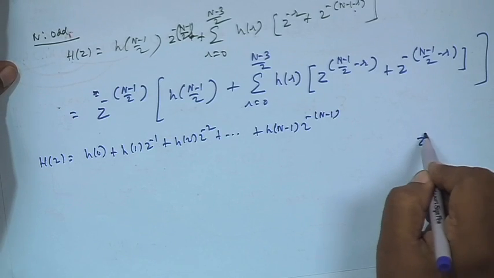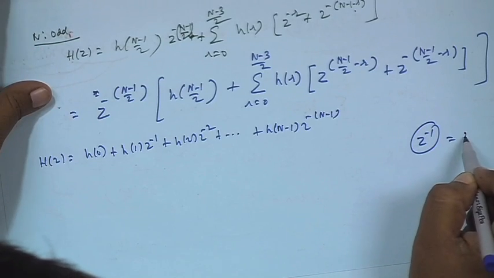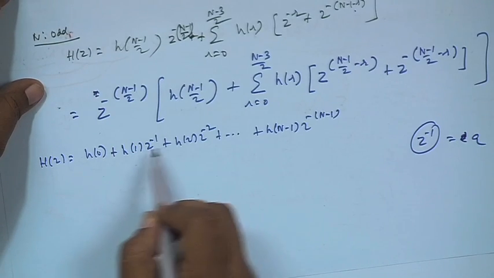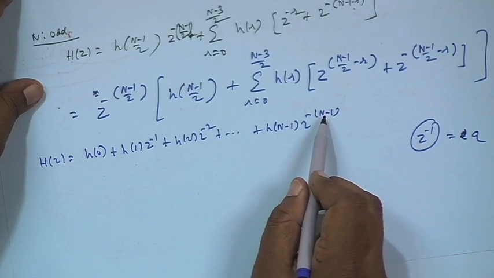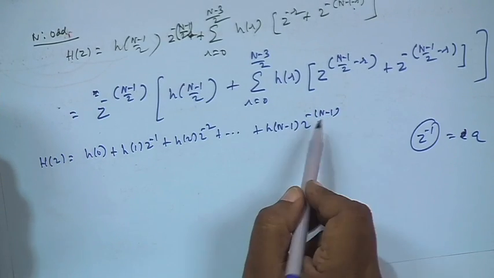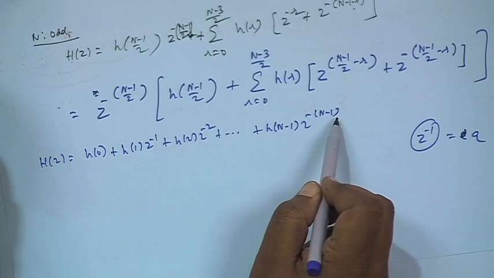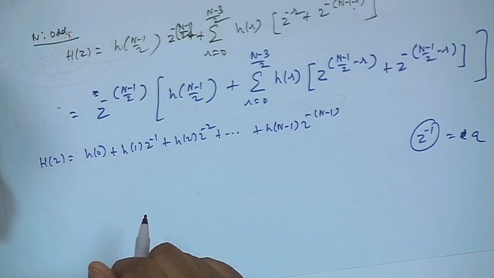Now, z inverse, if you take it to be some complex variable, say q. So, it is h 0 plus h 1 q plus h 2 q square plus dot dot dot plus h N minus 1 q to the power N minus 1. So, it is a polynomial in q up to degree N minus 1. So, you can factorize it and there will be all first order factors.